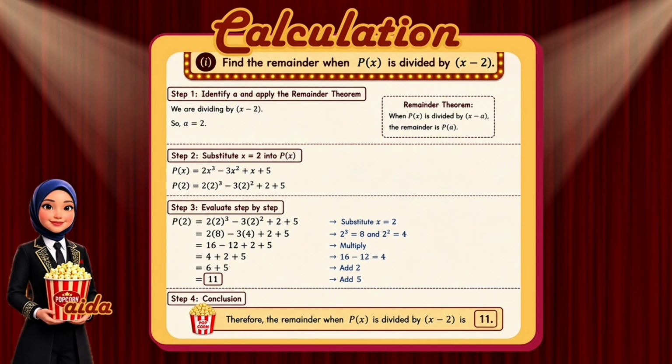Step 3, evaluate step by step until we get the final answer. We substitute, we multiply and add, and for the conclusion, we get 11. Therefore, the remainder when p(x) is divided by x minus 2 is 11.